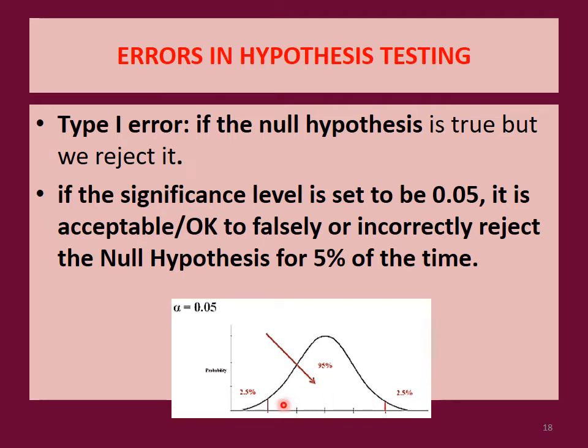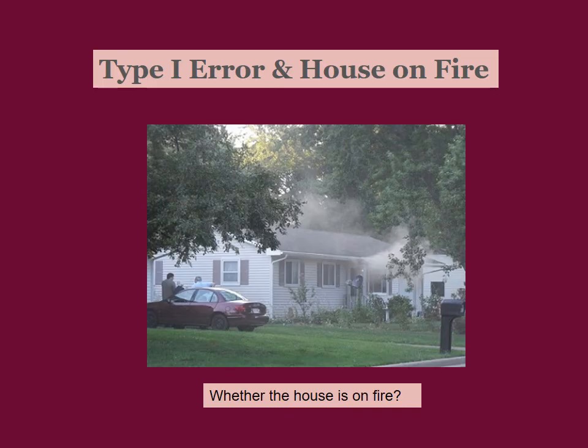Like that, minimize this error. If it is higher than 5%, that is high error. We always need to minimize the errors. It is better if we can set alpha at 0.01, but normally in research we set the 5% alpha level. Then we'll go to one example about the type 1 error.